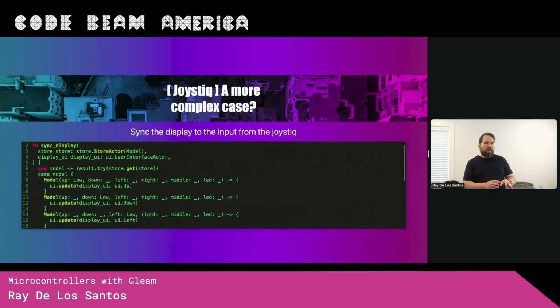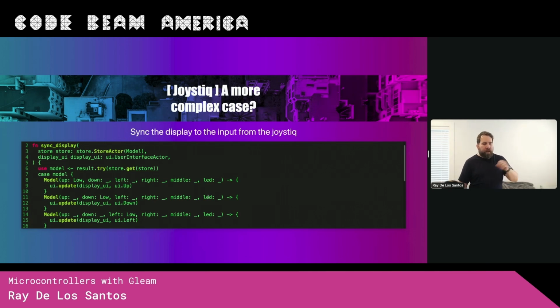And now I'm going to show the recursive function for the sync display case. It's the same pattern. We receive the store actor and also the display UI actor. This actor is a custom one that was needed for this specific hardware. I didn't want to get into the details of that one because we will not have time in the presentation for that.